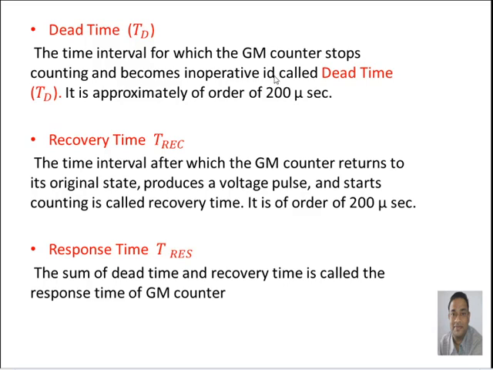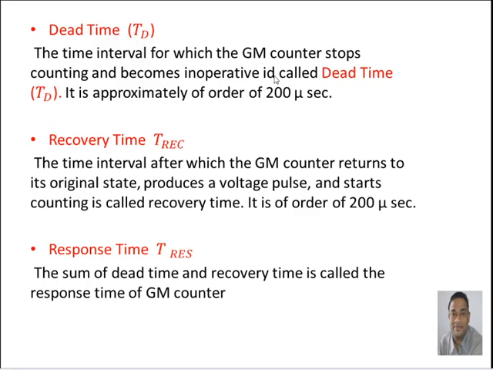Now when a further electron-positive ion pair is produced and that electron begins to travel towards the anode, on the way it may be absorbed by the positive ion. So the electrons are not able to reach the anode, and since electrons are not able to reach the anode, there is no current, and since there is no current, a voltage pulse is not produced, and in the display there will be no counting.